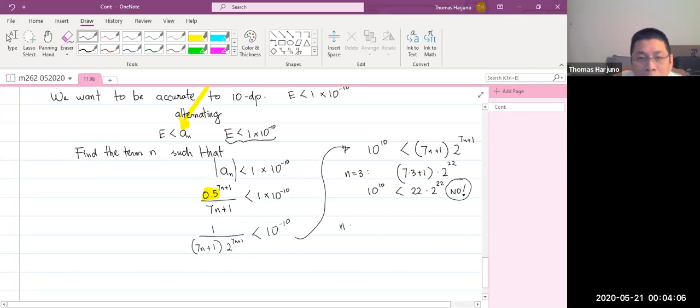Let's try when n equals 4. When n equals 4, I get 7 times 4 plus 1 times 2 to the 29. Basically, I need to see if 29 times 2 to the 29 is greater than 10 to the 10. Okay, go back to our calculator.